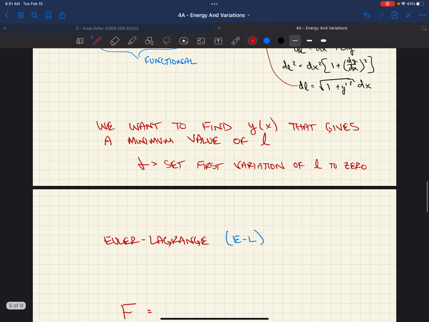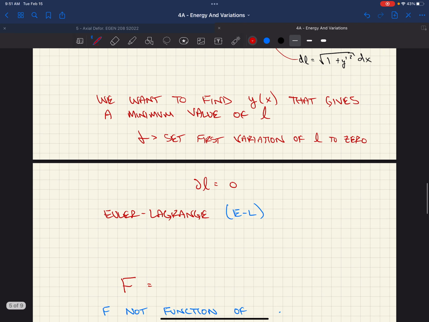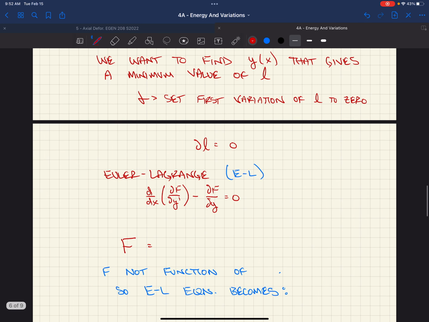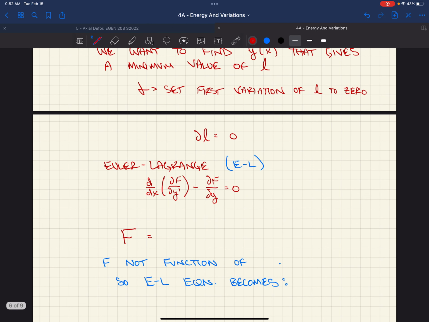So if we set the first variation of L equal to 0, and we look at Euler and Lagrange's solution, d dx of the partial of f with respect to y bar, minus the partial of f with respect to y, equals 0. All right, so that's our solution to our functional.